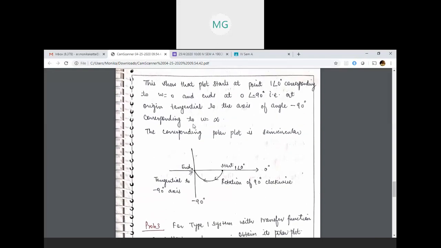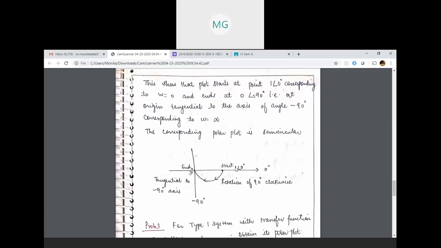Do you have any doubt why the circle is taken in this direction, not in the above direction? Because you have got 2 points. Now you have to join the 2 points, and these 2 points are joined with the help of a semicircle. Your starting point is at 0 degree, your ending point is at minus 90 degree.